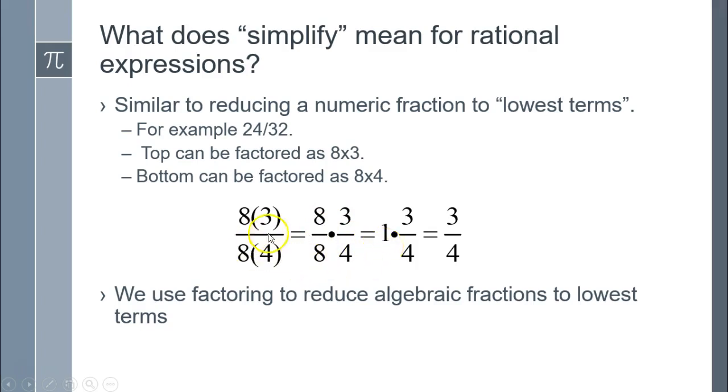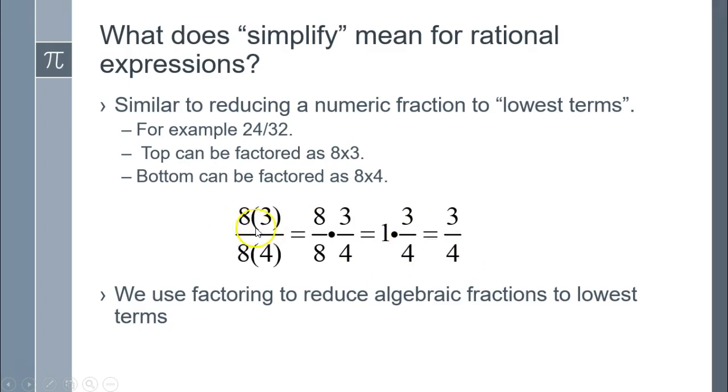So once I break this problem up into a like factor over itself, times what's left, that like factor divided by itself becomes a 1. And all I have is 1 times 3/4. 1 is the multiplication identity. Any number multiplied by 1 is the number. So 1 times 3/4 is 3/4.